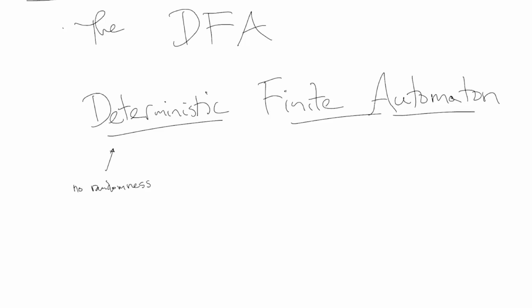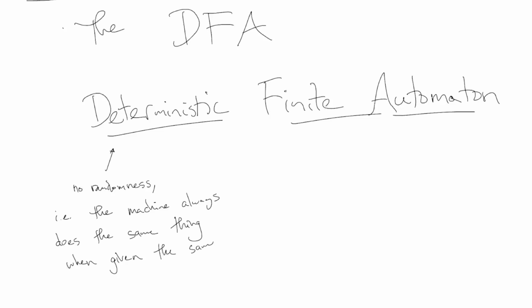That's what deterministic means. So no randomness, i.e. the machine always does the same thing when given the same input. There's no randomness in the way that it operates.